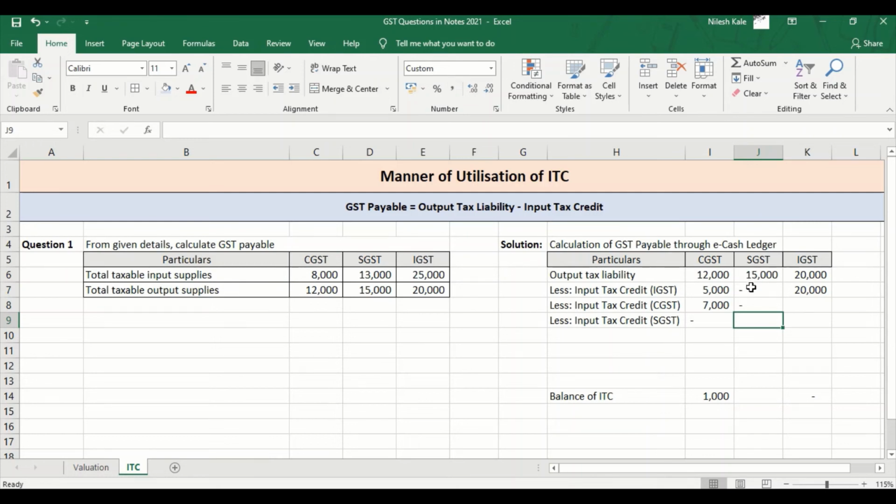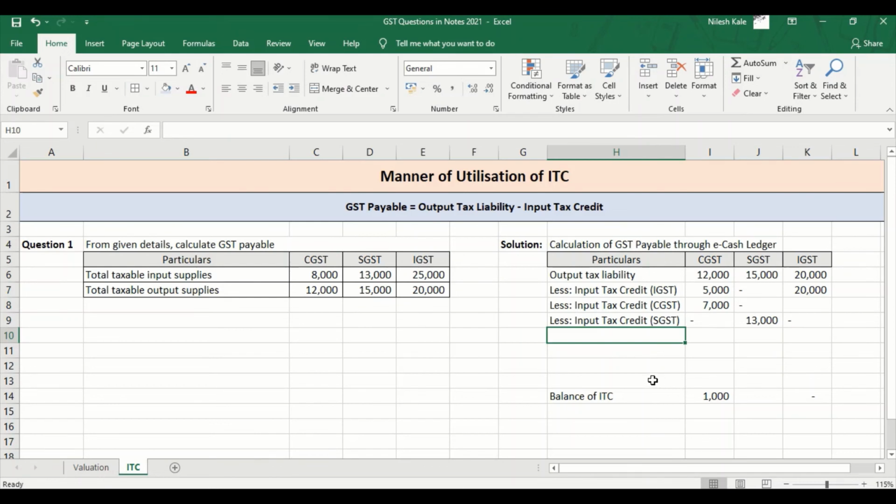Look at this SGST credit. 15,000 is the liability, 13,000 is the credit that we have. So 13,000 in full I will use for the payment of 15,000. Right? I still have to pay 2,000 more. 2,000 is still payment remaining, and no credits are available. IGST is also 0, nothing can be done.